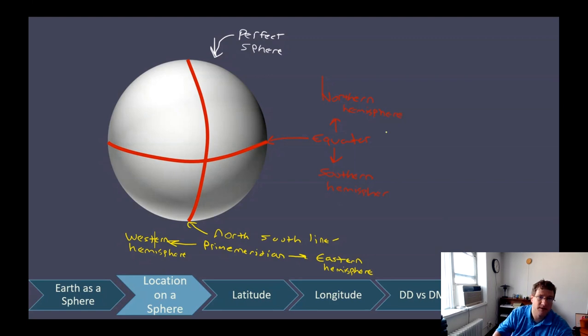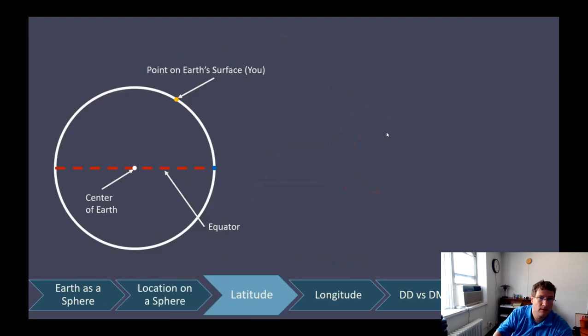Let's pretend for a second that we've cut the Earth in half so that we have a horizontal line cutting a circle through the center. This horizontal line right here represents the equator.